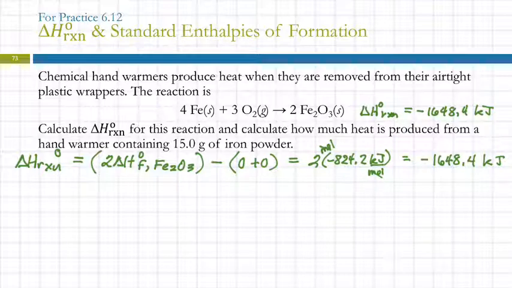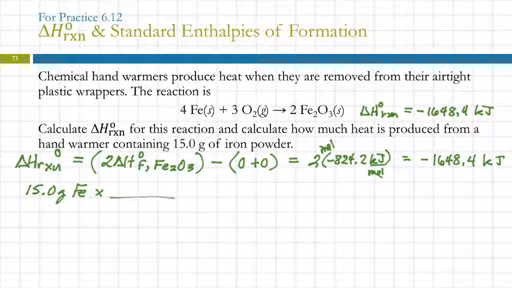Calculate how much heat is produced from 15 grams of iron powder. We've got a chemical equation here, and we've got a heat of reaction. So this ends up being dimensional analysis and stoichiometry. So 15.0 grams of iron, and we need to convert that to moles of iron. We're thinking grams to moles to moles to grams.